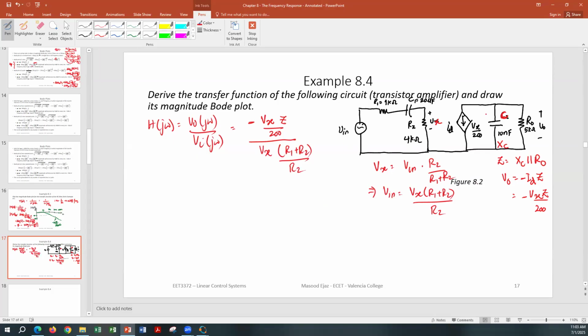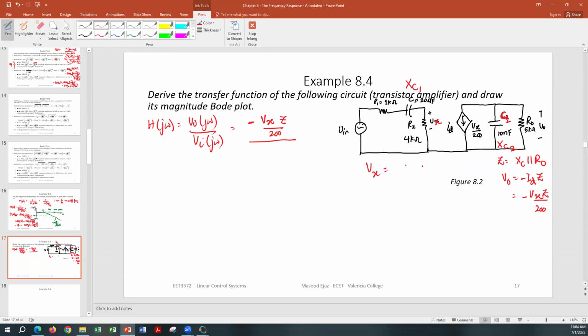Oh, that's why there was C2. Oh, I didn't see that. So this is XC2. Let's go ahead and change that real quick. Okay, so that's going to be XC1. All right, same basically.